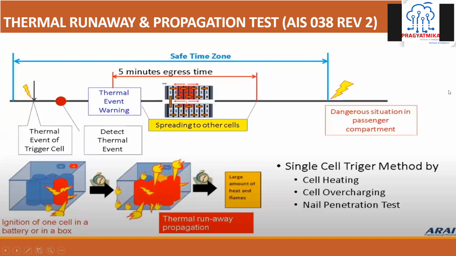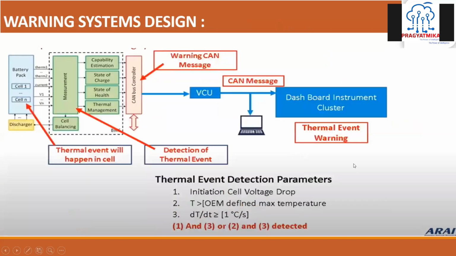So this is a test that is being performed at the physical level. And for the warning systems, it should be integrated either into your battery monitoring system or your BMS.